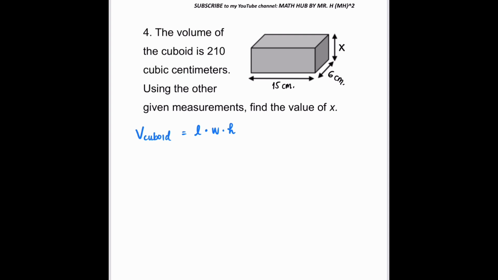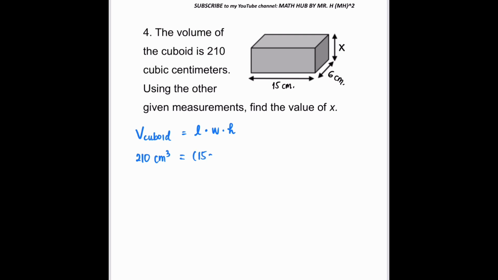All right, so going back, so volume of cuboid is equal to the length times the width times the height. And then again, we were given the volume already. So we can say that the volume, okay, 210 centimeters cubed. And then we plug in the other given information.